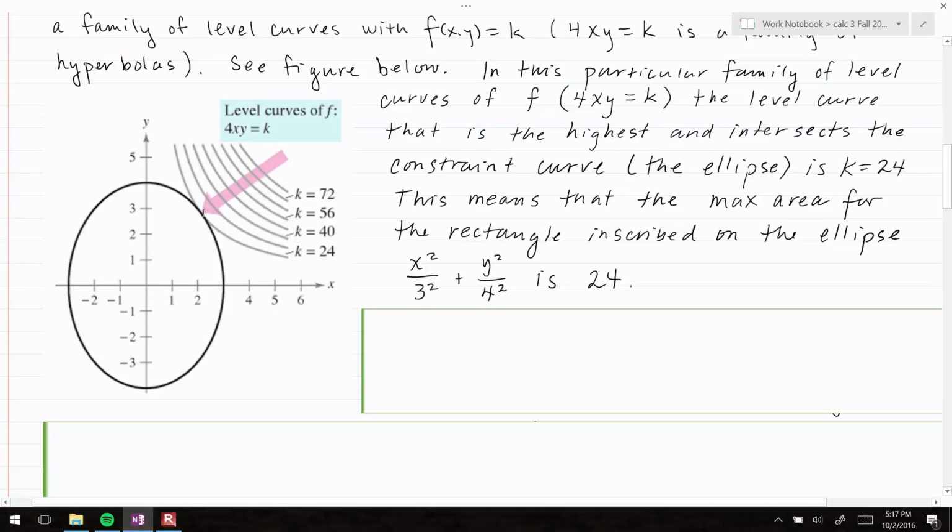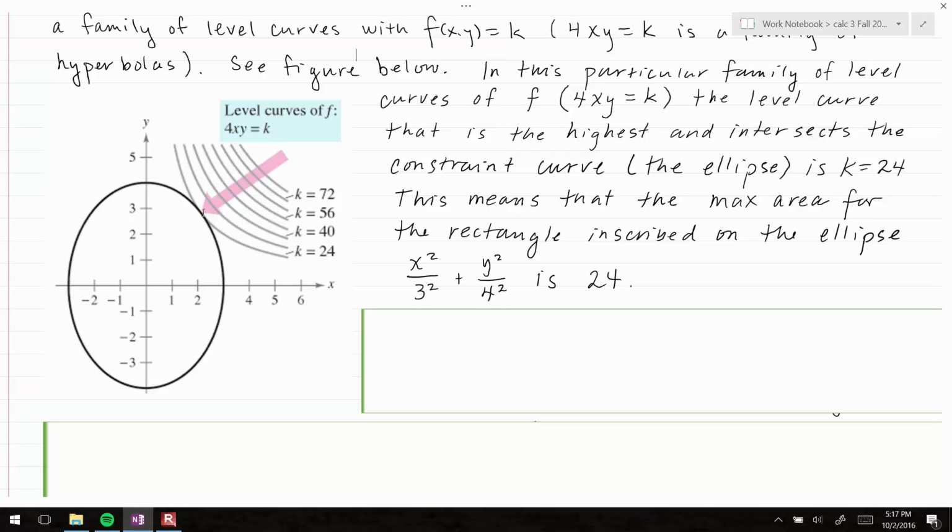The surface just barely touches at k equals 24, and that's the least k for which we have it touching the ellipse.